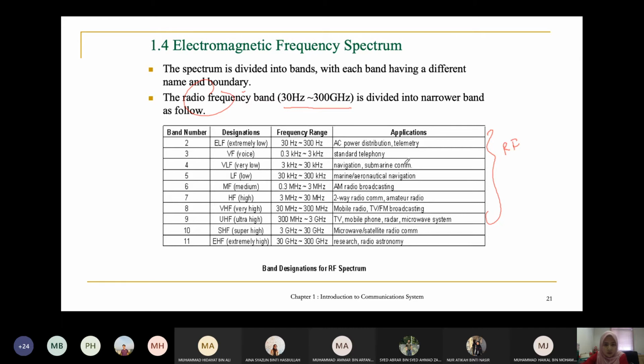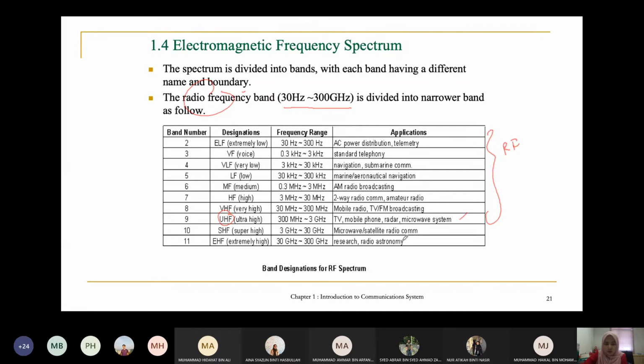Now let's look at the applications that we usually use. For television, mobile phone, radar and microwave systems, we use ultra high frequency, UHF, from 300 mega until 3 giga. Microwave and satellite radio communication use super high frequency.